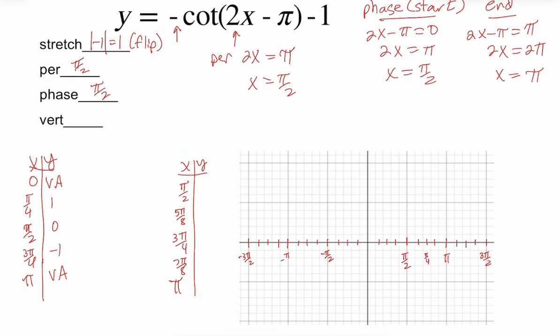Let's put that on the line. Our vertical shift is this line right here, y equals -1. So let's make this -1. And let's put our midline on.